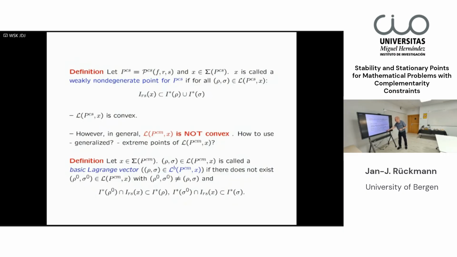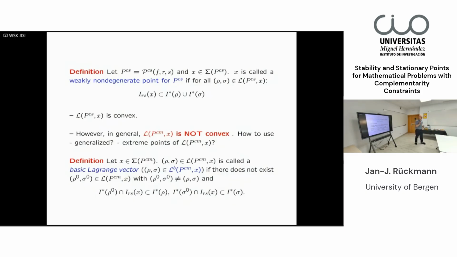So if you look at the condition, you see that we are only interested in those from this index set. This is the picture I made at the very beginning. And that said, there's no sigma 0 and rho 0 such that the star set, the set of indices which belong to non-zero multipliers, is a subset of the non-zero multipliers of these non-existing Lagrange multipliers.